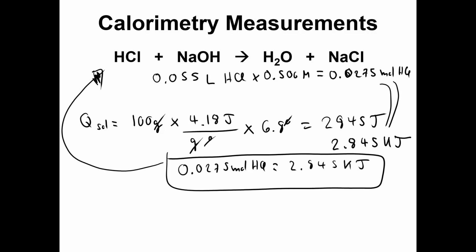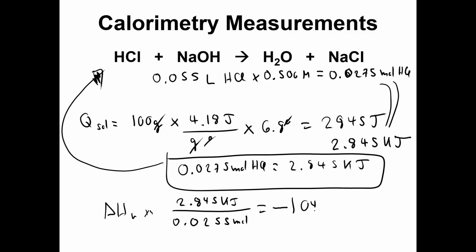So I can easily do that by saying that delta H of the reaction is 2.845 kilojoules divided by 0.0275 moles. And what I didn't put in here is, of course, that this is an exothermic reaction, so I need that negative. 104 kilojoules per mole is the delta H of the reaction, right?